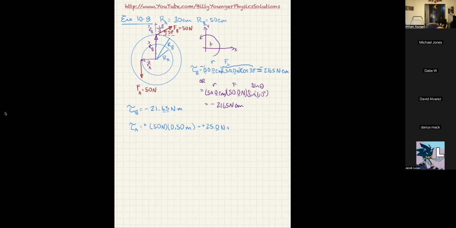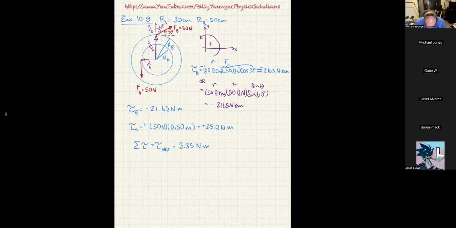So this gives me positive 25.0 Newton meters. And therefore, the net torque, I'll leave the vector symbol off, torque net is 25 minus 21.65. And that gives me 3.35 Newton meters.